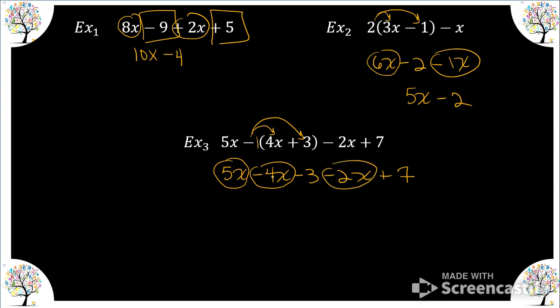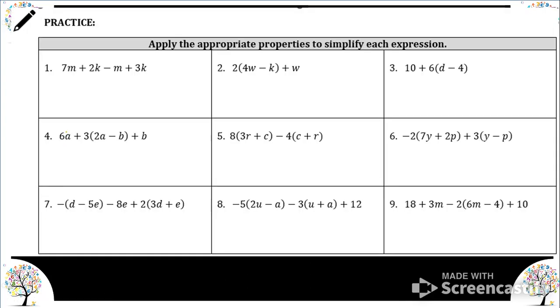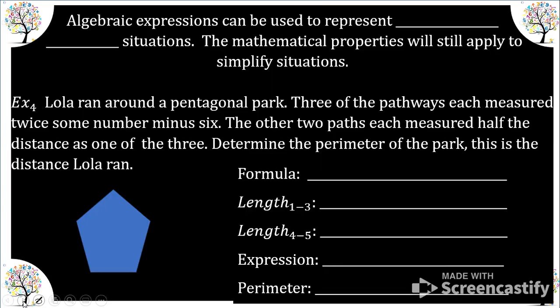So 5x minus 4x is 1x. 1x minus 2x is negative 1x, or just negative x. Then we have negative 3 plus 7. That gives us plus 4. Okay, pause the video. You practice these problems before we move on to the next part of our lesson.